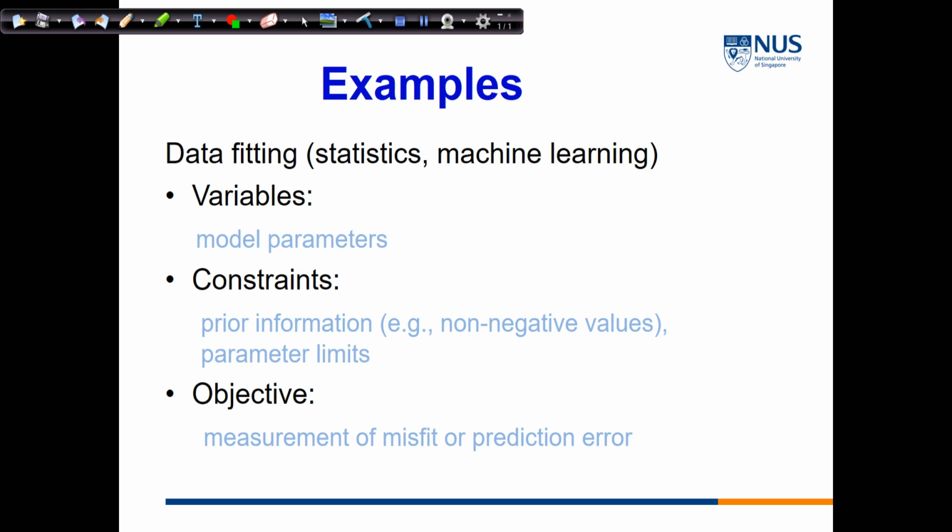So here, think about if you have several data points and you want to form a function to describe them. Then these function parameters, this A, B, C, D in your function or in your model, will become the variables in your optimization.